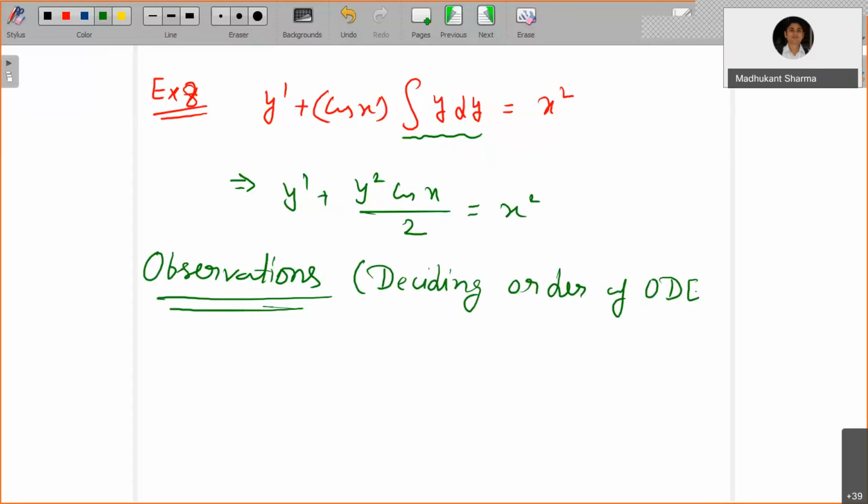Student: Sir, wouldn't there be a plus c with y square by 2? See, this is talking about a constant here. One constant is immaterial.